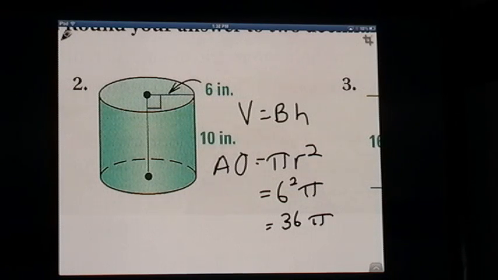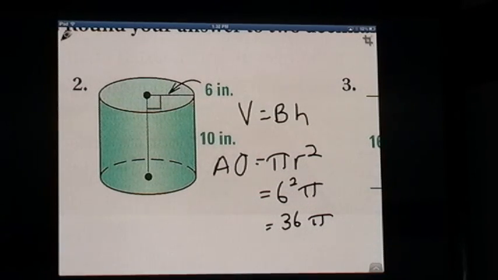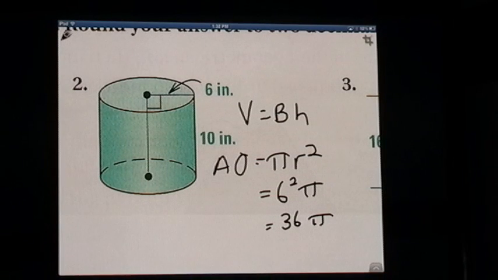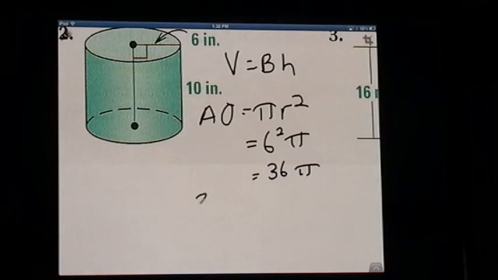Now if you want, you can wait to multiply through by pi until after you have multiplied by the height. So we've got 36 pi is the area of the base, and then we can multiply that times the height and get 360 pi.